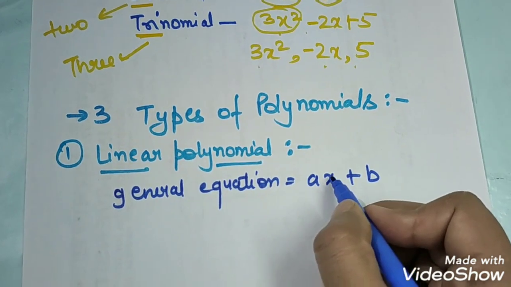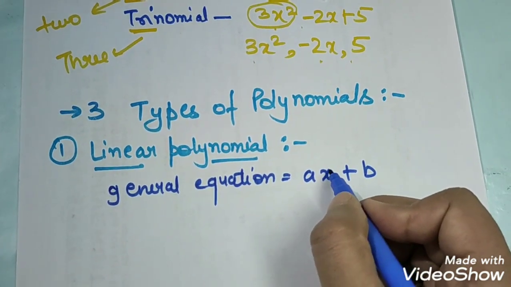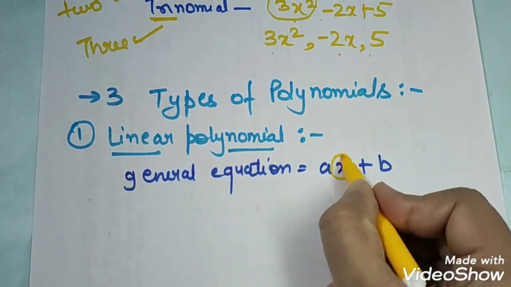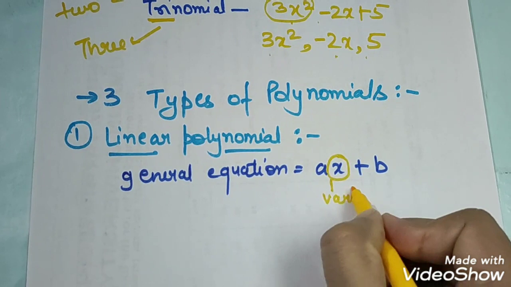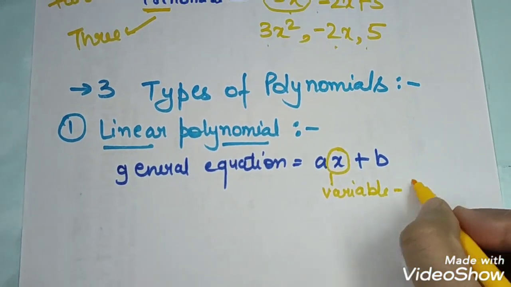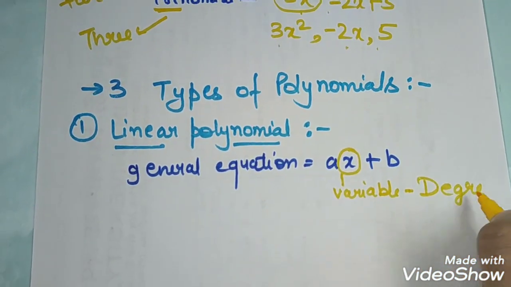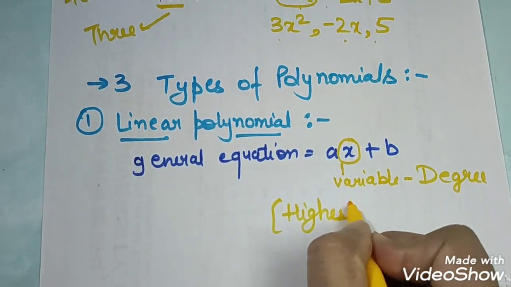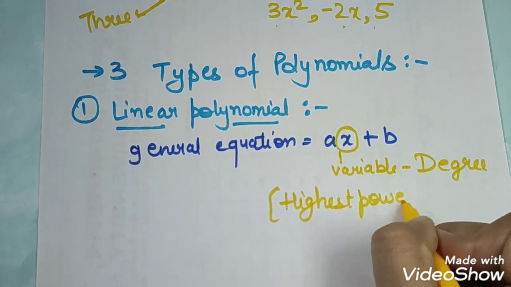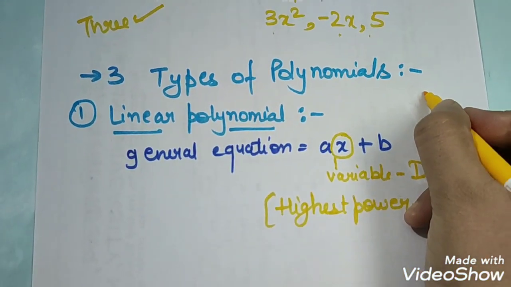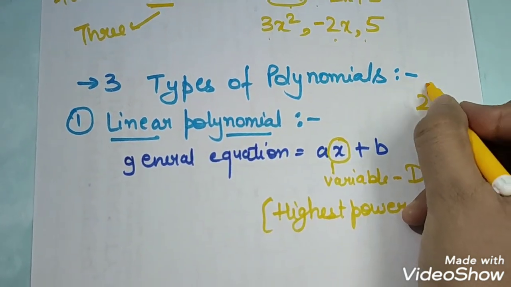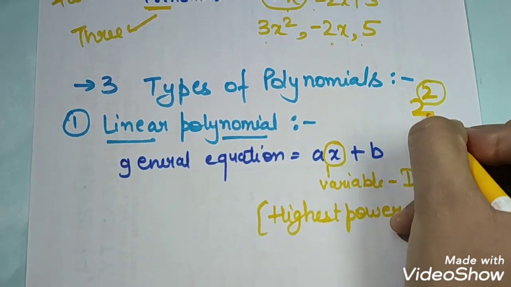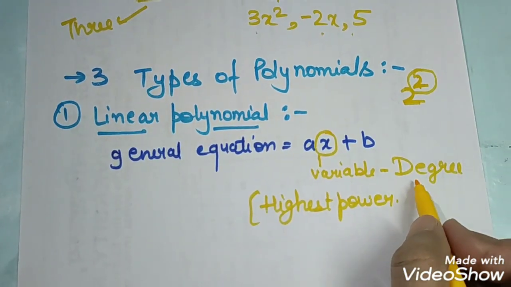So basically what is a linear polynomial? When the degree of a variable, and what is the variable here? It is x. Look, this is a variable, and what I am saying is degree. What is degree? Degree means highest power. If I am writing 2 to the power 2, this is called power. So the power of this 2 is 2. So I'm talking about degree now.